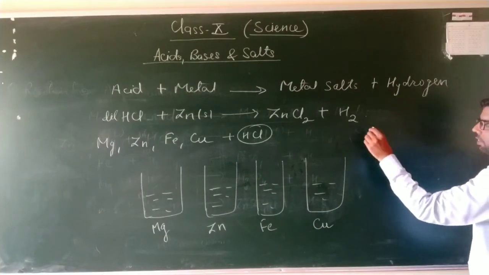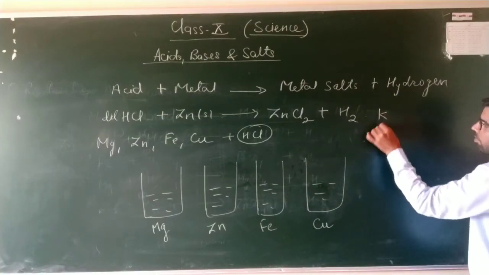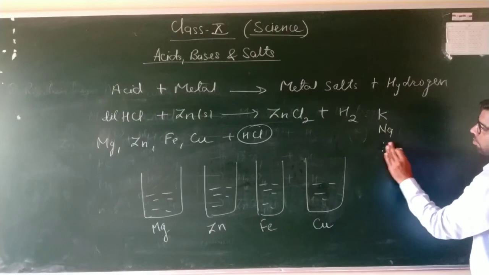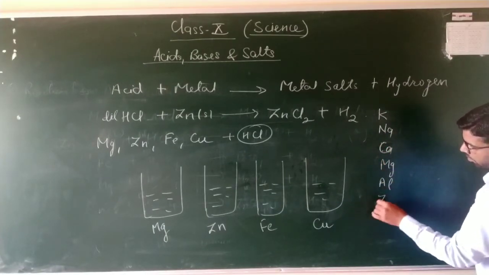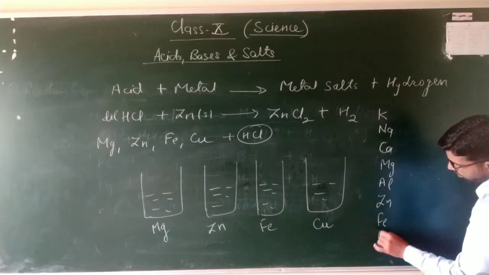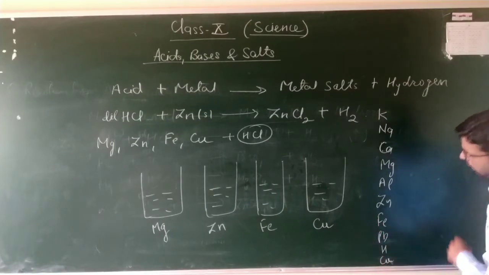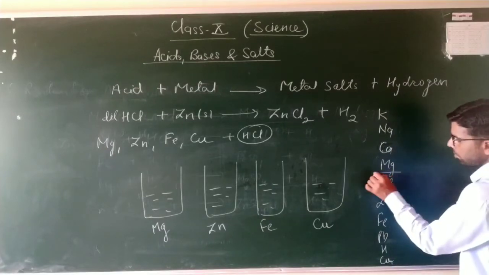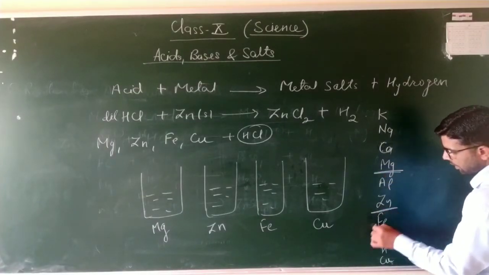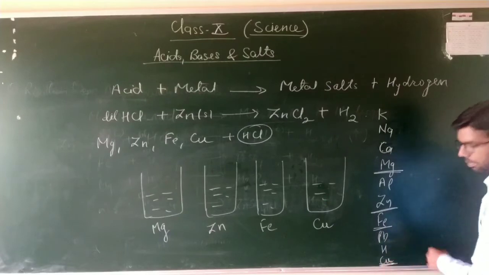We have seen the reactivity table in our first chapter, where we have magnesium, then zinc, then iron, then copper.